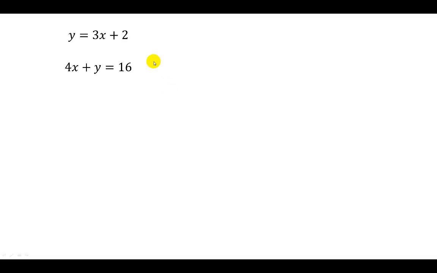To solve this system using substitution, we're going to start off by looking for either x equals something or y equals something. I see y equals in our first equation, and that's y equals 3x plus 2. So in the second equation, any place I see a y, I can replace that y or substitute in 3x plus 2.